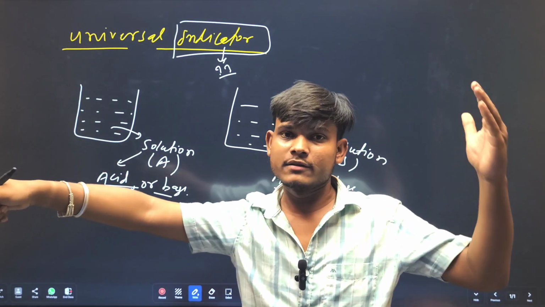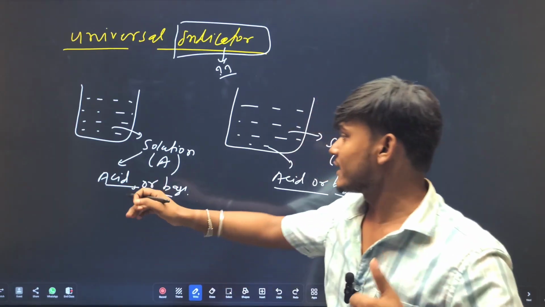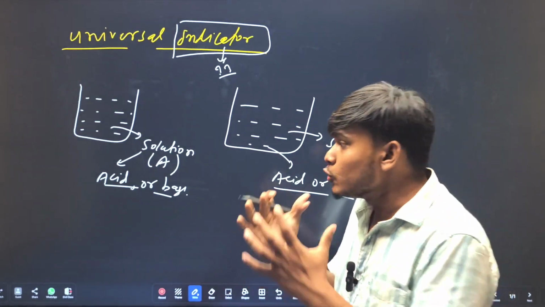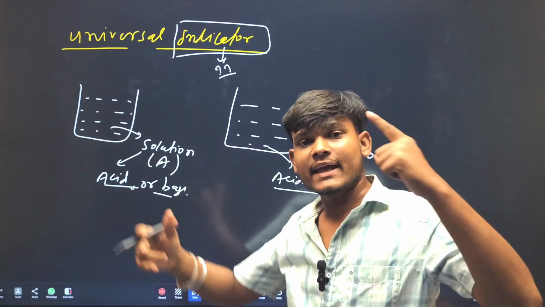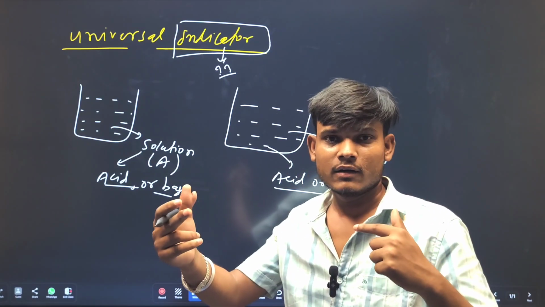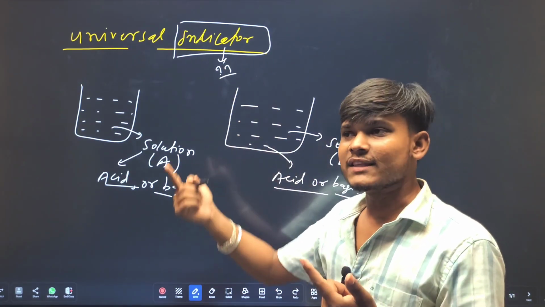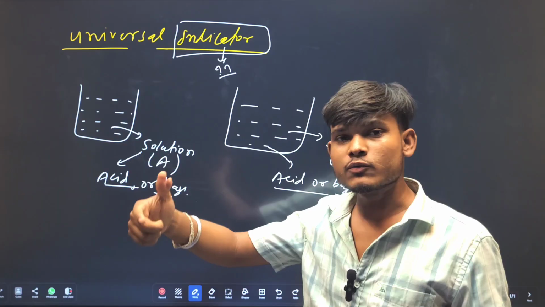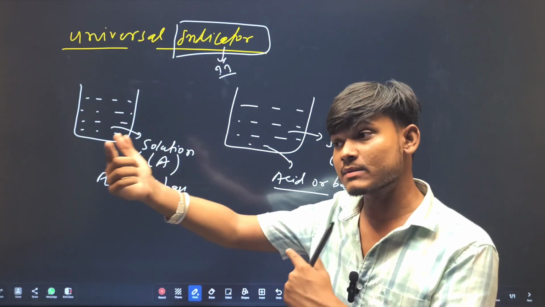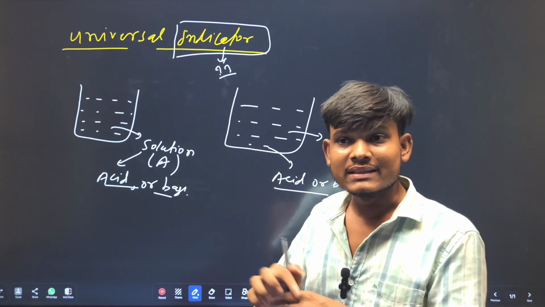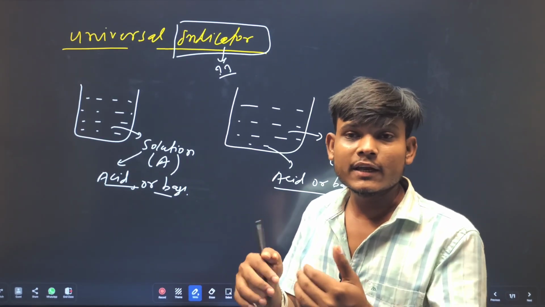Remember what I have taught you: if I have a solution and I want to know its nature, whether that solution is acidic or basic, in that case I use an indicator. An indicator is anything which identifies the nature of a solution and differentiates between acidic and basic solutions on the basis of their ability to change color or smell when put in acidic or basic solution.